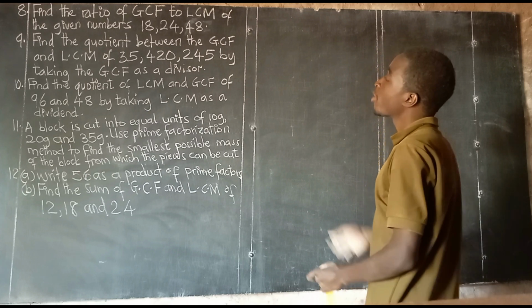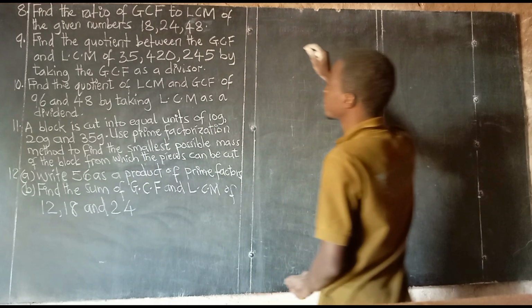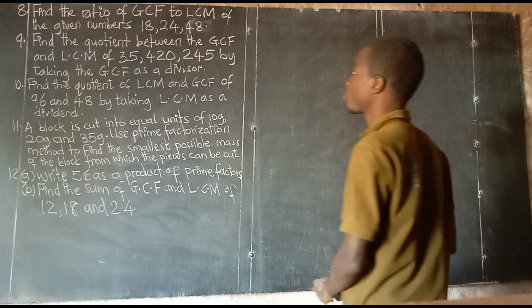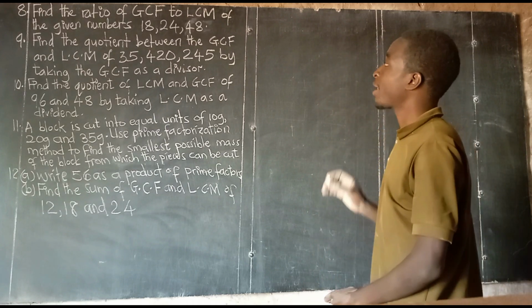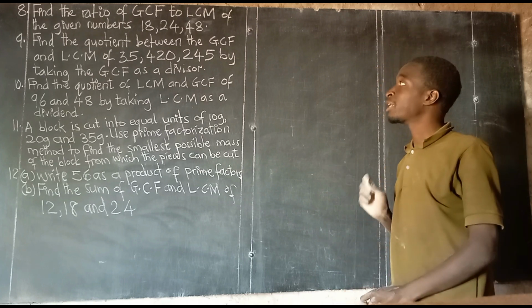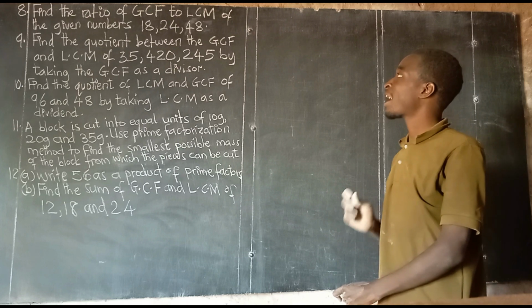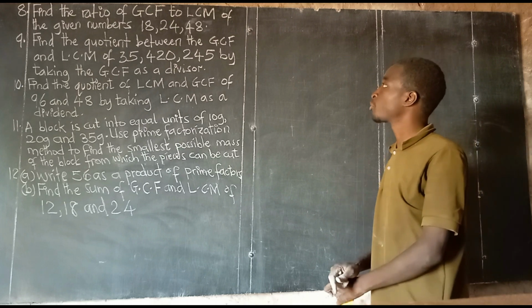So we are given 3 numbers, 18, 24, and 48, and we are asked to solve for the GCF and LCM, and after that we are required to find the ratio of GCF to LCM.